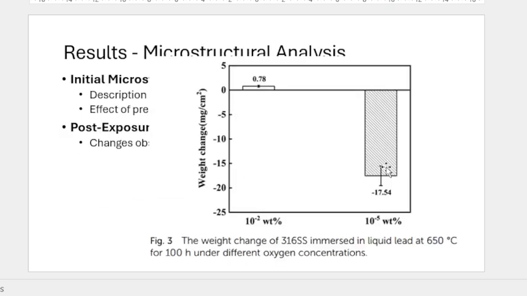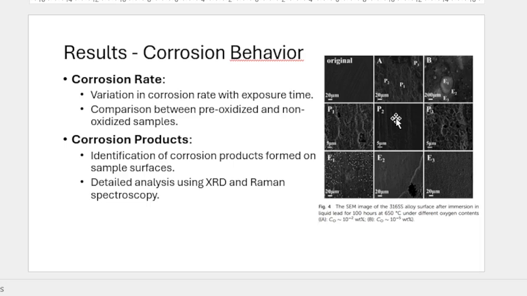It means that probably we have an oxide layer formation. And as for 10 to minus 5, yes, we have a decrease in weight change. Okay, so this is the SEM result.